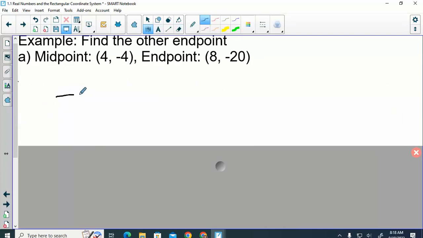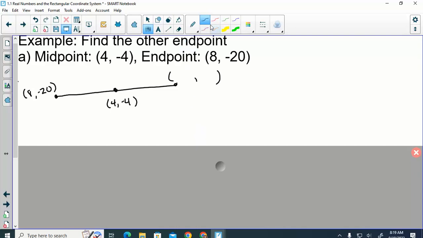I'm not even going to draw this to scale, I'm just drawing myself a picture. My first endpoint was 8, negative 20. The middle was 4, negative 4. And I have to figure out what this end is.